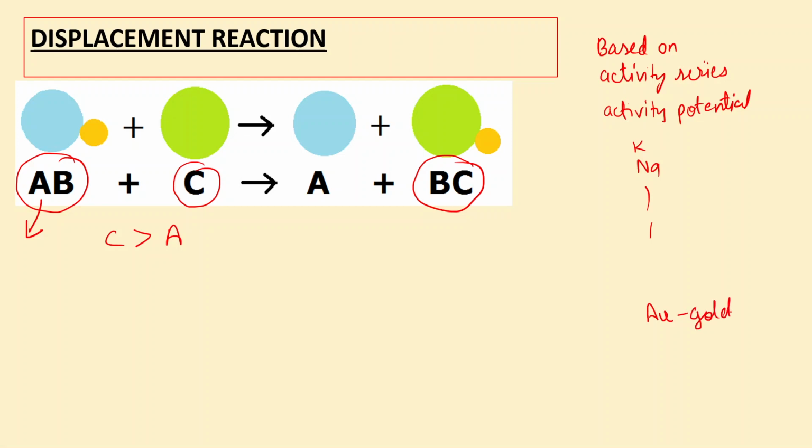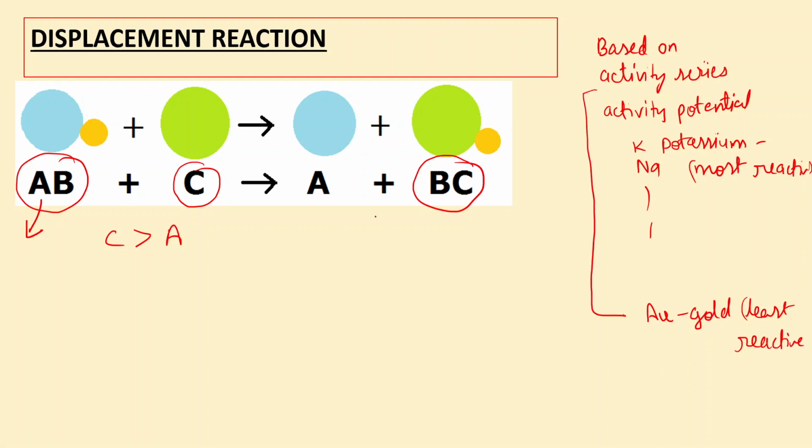This is gold, this is potassium. In this reactivity series, potassium is most reactive and gold is least reactive. We will see this series in a separate video, but here we can discuss some more examples.